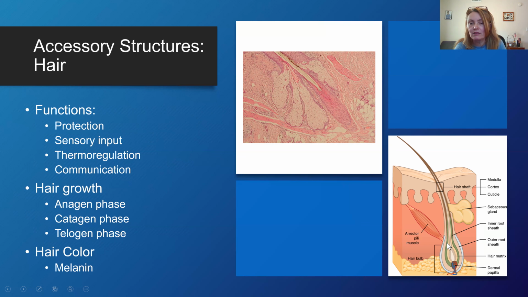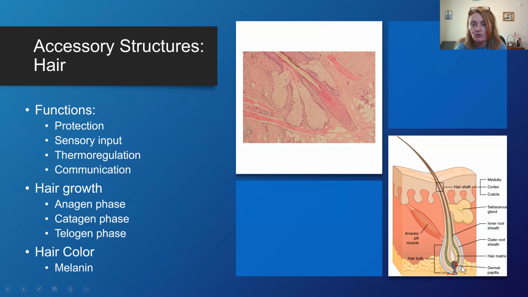Then we have hair bulb, this thick part at the base of the hair. Hair grows inside the organ called hair papilla. So you have papilla, an organ of the integumentary system, and hair grows inside this organ, and then on the outside, on the surface of your body.